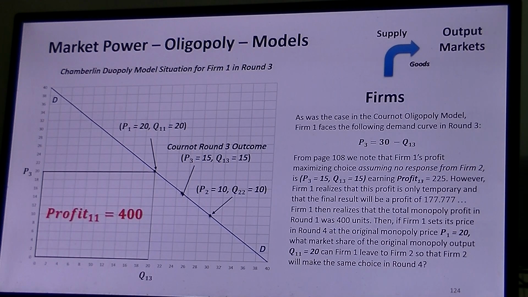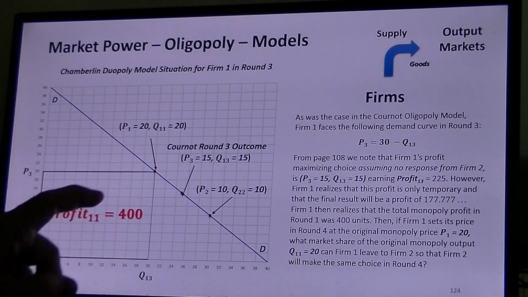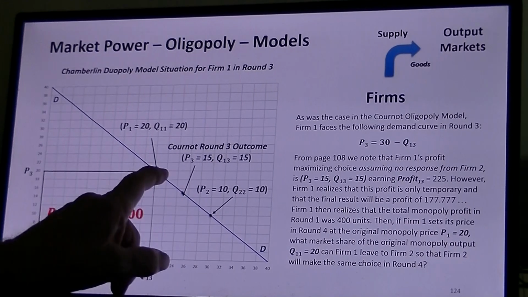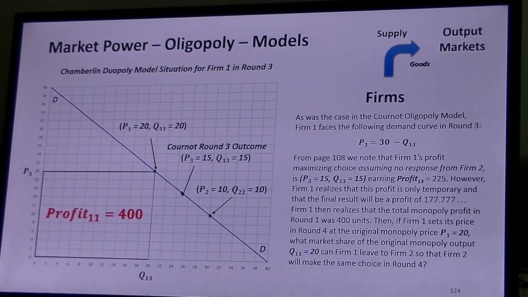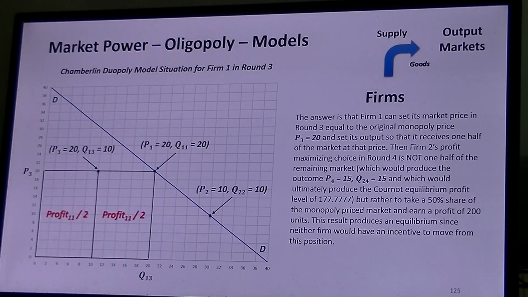So that if firm 1 sets its price in round 4 at the original monopoly price, what market share of the original monopoly output of Q1 equals 20 can firm 1 leave to firm 2, so that firm 2 would rather produce their output at the same price rather than play the Cournot game?